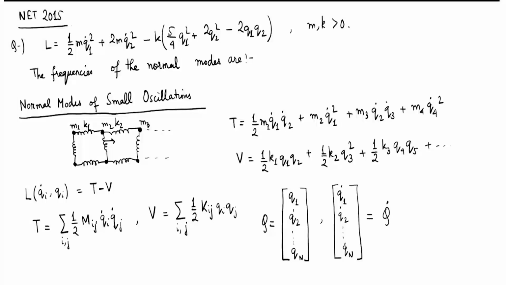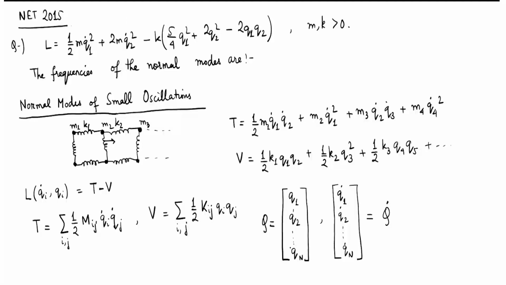So you see that T can be written in a concise form as T is equal to half Q dot transpose M Q dot, and V can be written as half Q transpose K Q, where this Q dot transpose will become a row matrix.